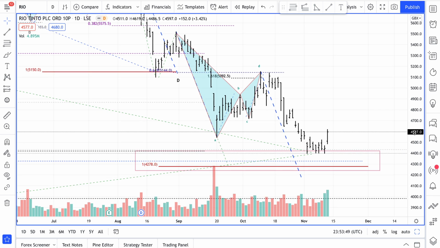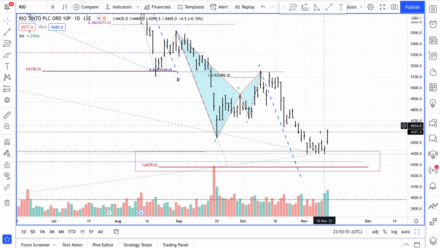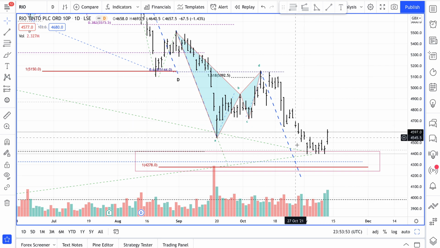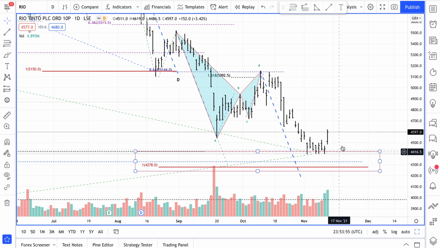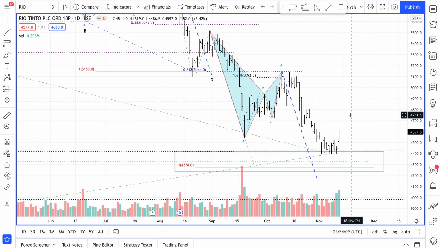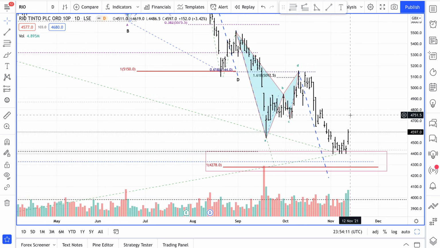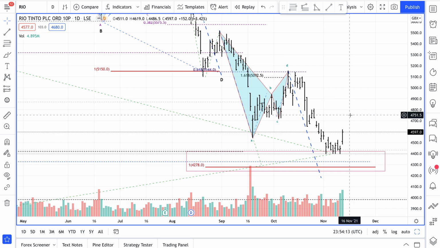So what appears is that, from this 61.8% retracement and with constructive, positive price action, as long as this support zone between 44.20 and 42.40 is held, there is a good chance that this stock is moving higher.